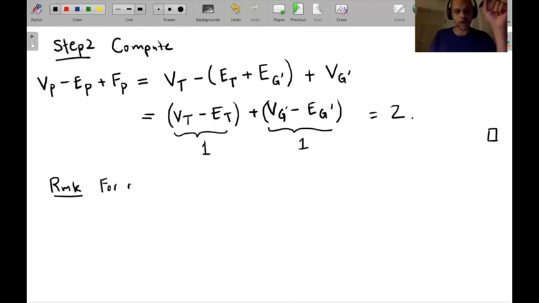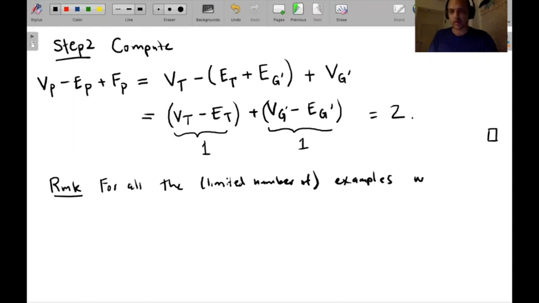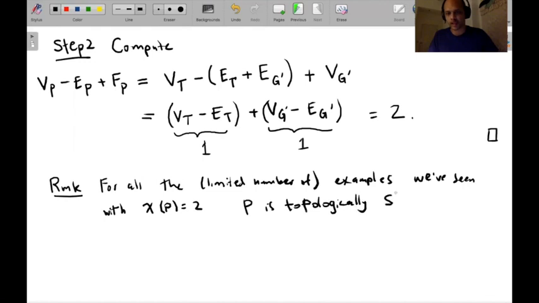So the remark is, for all the examples we've seen, although we haven't seen that many, with Euler number equal to 2, P is topologically just S2.